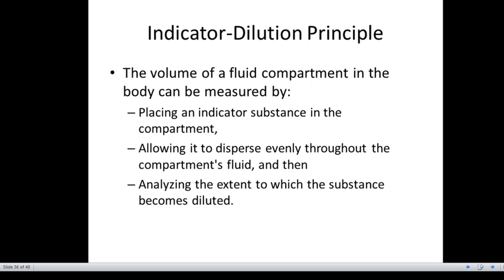Now, the volume of a fluid compartment in the body can be measured by placing an indicator substance in the compartment, allowing it to disperse evenly throughout the compartment's fluid, and then analyzing the extent to which the substance becomes diluted. The indicator dilution method is based on the conservation of mass principle.